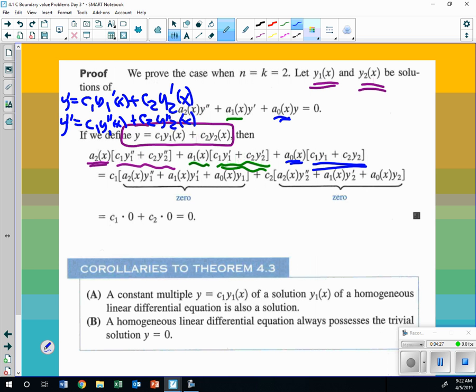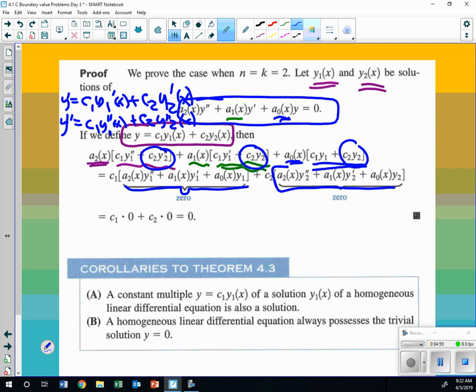Because of the c1s that appear in each one, we can put those together and pull out the c1. We can put the c2s together and pull out c2. And then this whole part here is equal to what? Yeah, because that's what's given right here. That's given to be 0.